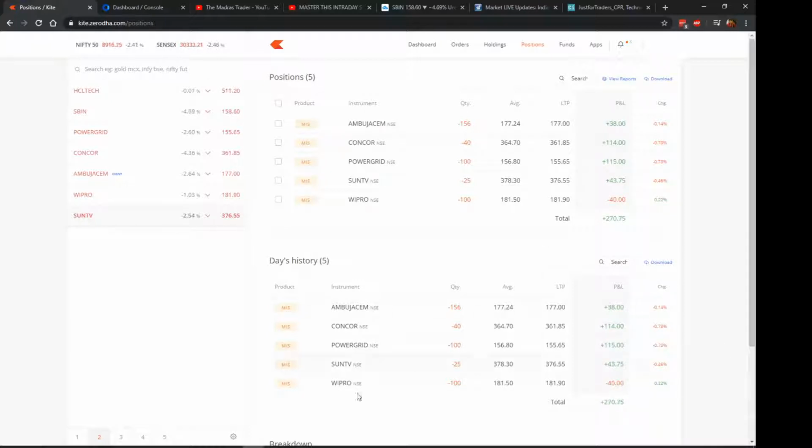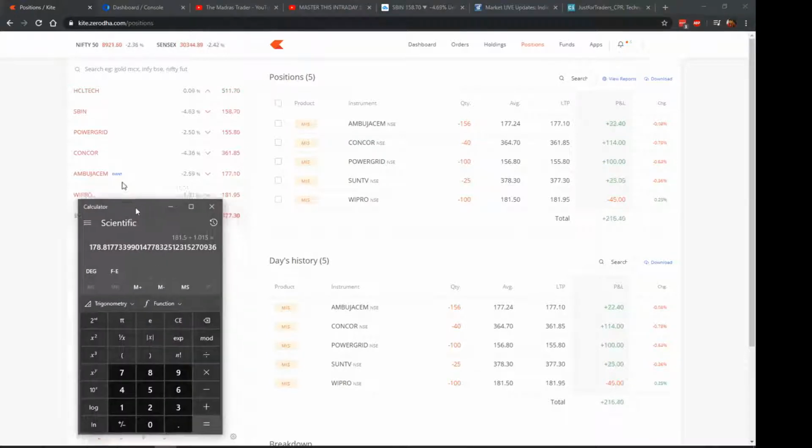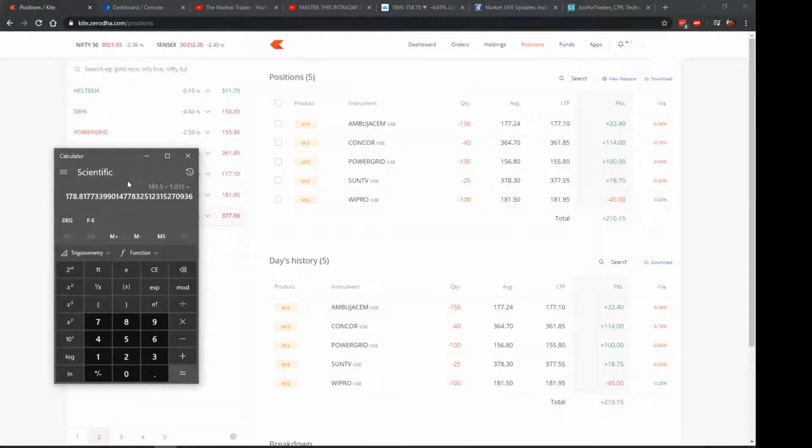If you see here, my total capital that I've invested is 3.5 lakhs for this whole thing.